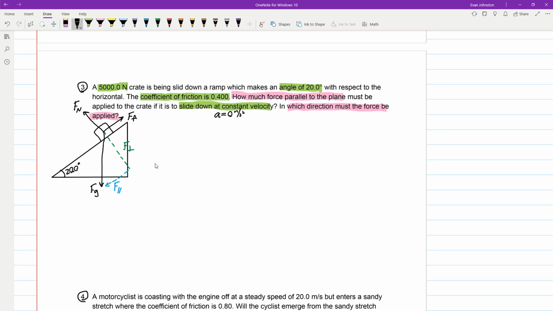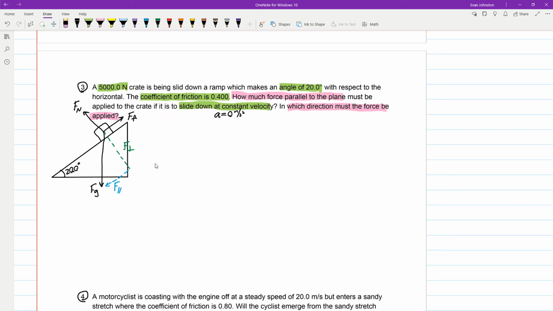If the force parallel is greater than friction, it's going to start speeding up down the hill, and you would need to push uphill to keep it going at a constant velocity. We don't know which direction we need to push because we don't know if the frictional force or the parallel force is bigger. But whichever one is smaller, we need to push in the same direction as that one to rescue it, because if we help it out, we can keep things balanced.